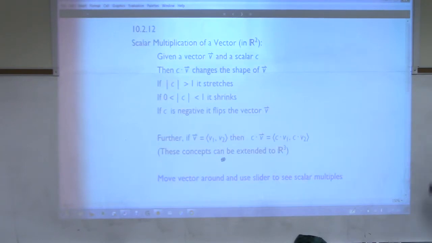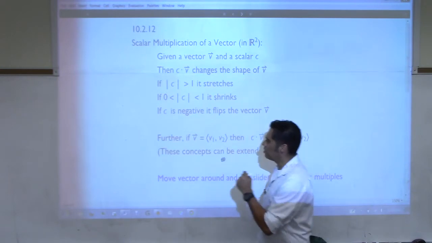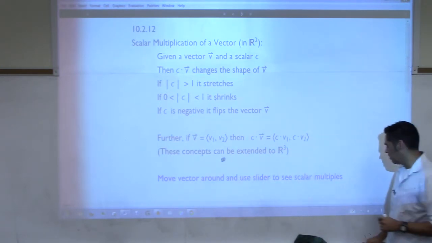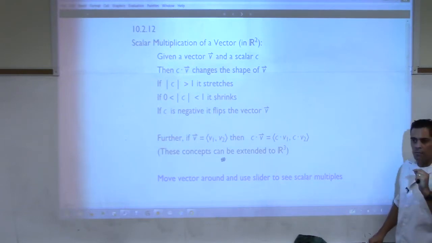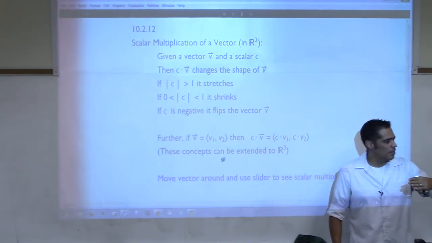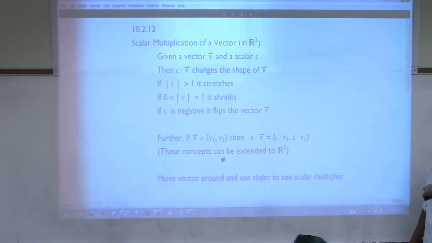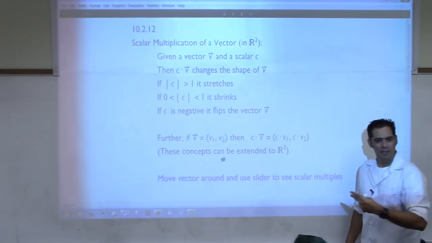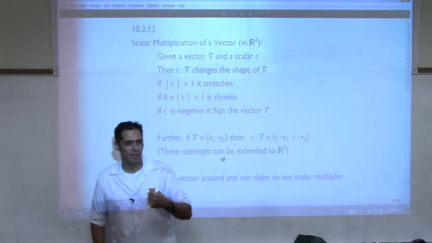All right, scalar multiplication. Now, I think this is a good time to stop and just think about something. When we were learning numbers in our life, we learned addition first, and then probably subtraction, and then we learned multiplication, and division.